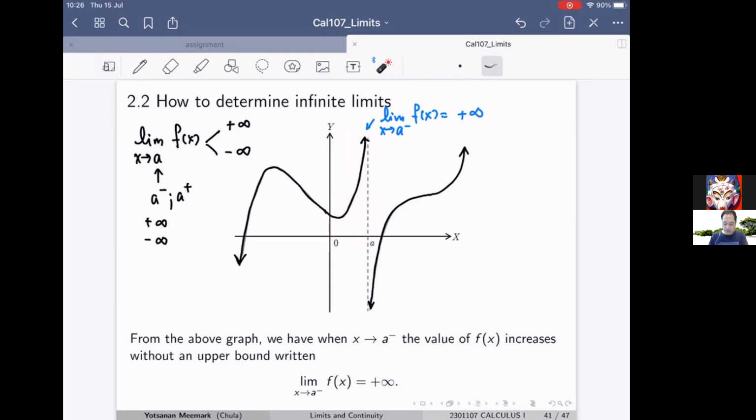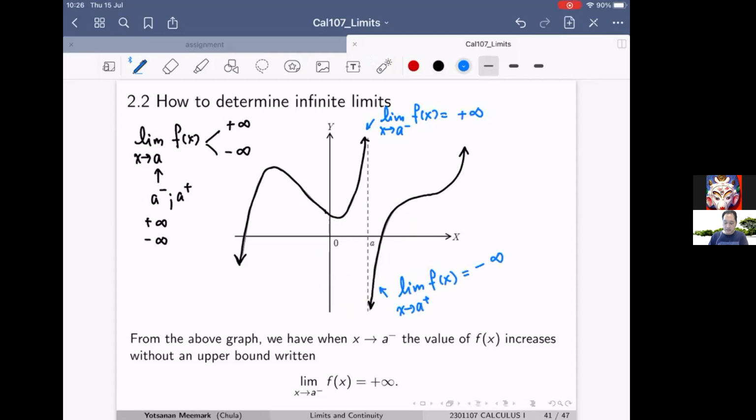However, if you look at this one on the right, the function value is getting smaller and smaller, without bound again. So we are going to say that this limit, as your x goes to a from the right, of the function f of x, goes to negative infinity.